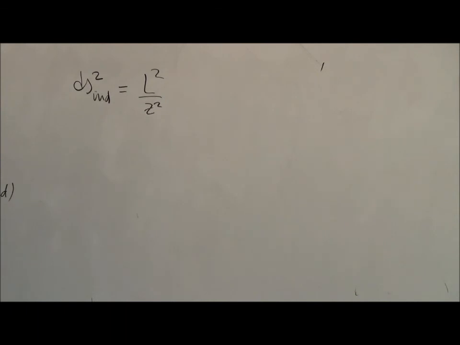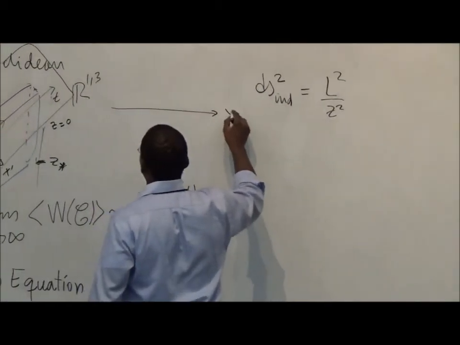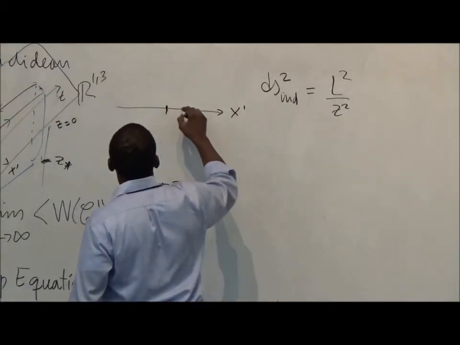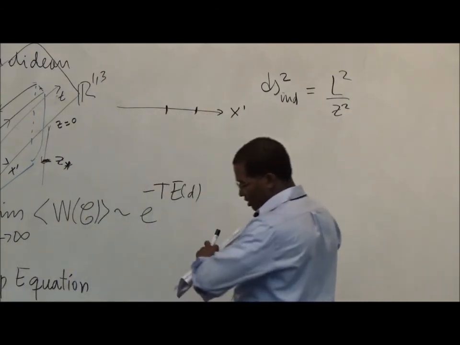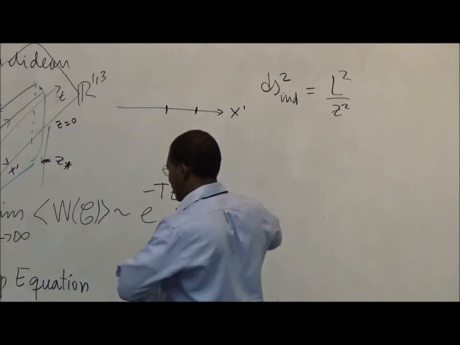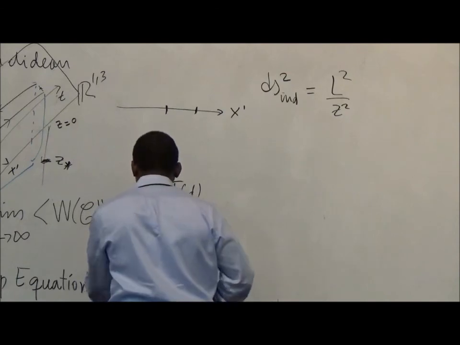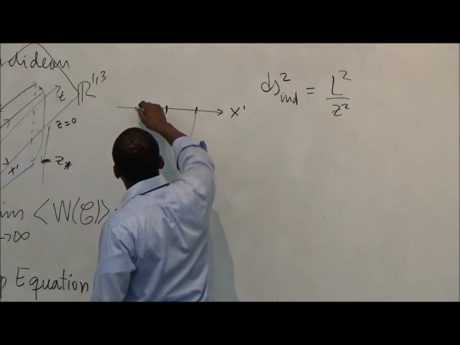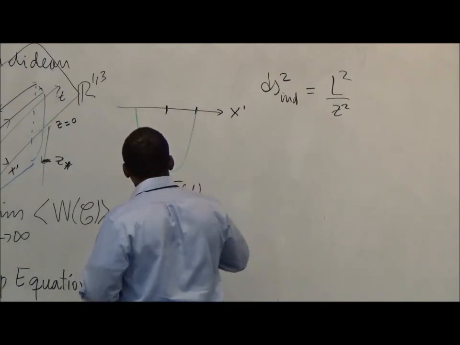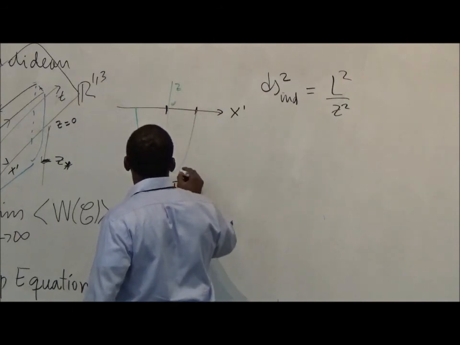So this is the X1 direction, this is 0, and this is another sketch of the string. So the string is going to go like this, right? And then this is z equals 0, and this I'll call z star.